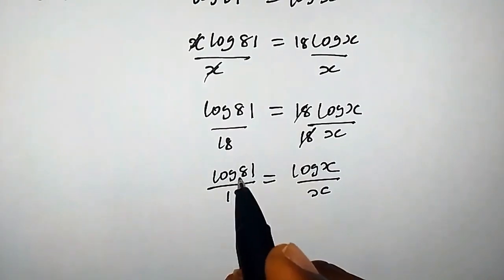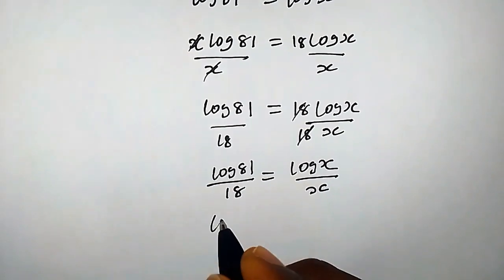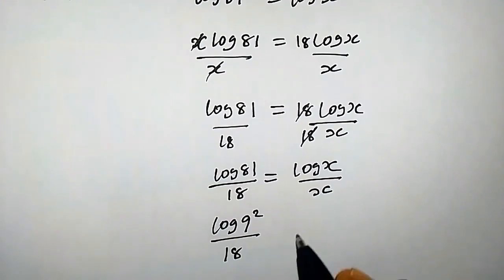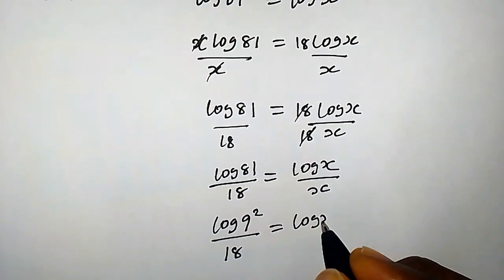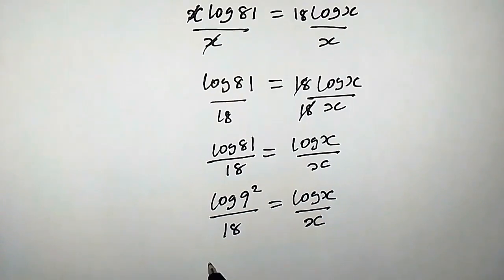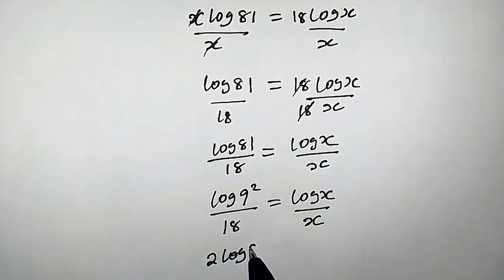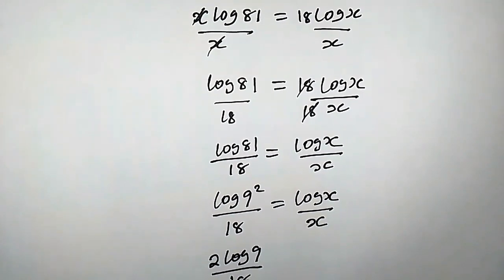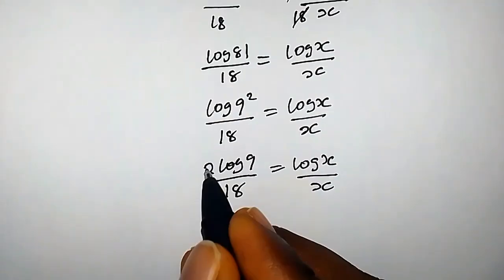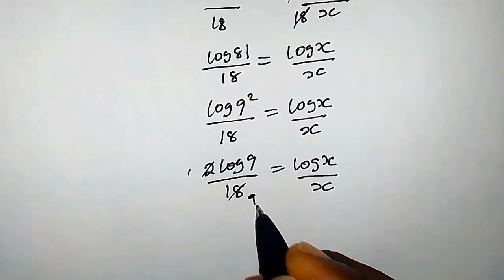Now, let's consider this numerator. Log 81 could be written as log 9 squared all over 18, which equals log x over x. So applying the earlier properties, we're going to have 2 times log 9 all over 18 equals log x over x. 2 in 18, that is 9.